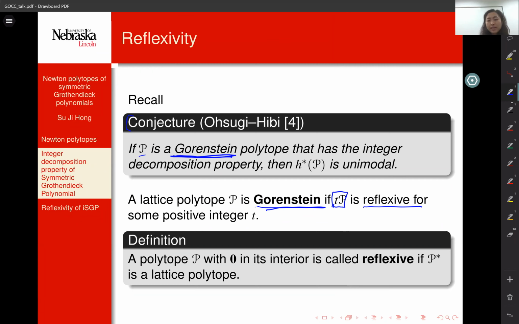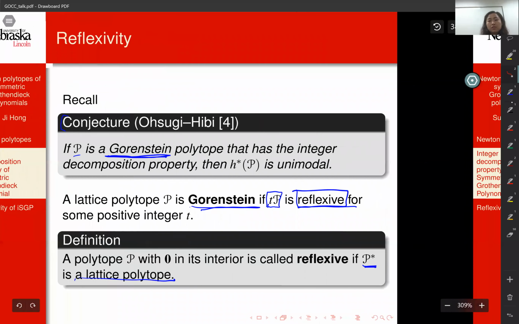So what is reflexive? Well, a polytope P with 0 in its interior is called reflexive if the dual is also a lattice polytope. I'm not going to explain what the dual is, because this isn't the definition we used, since there is an equivalent definition.